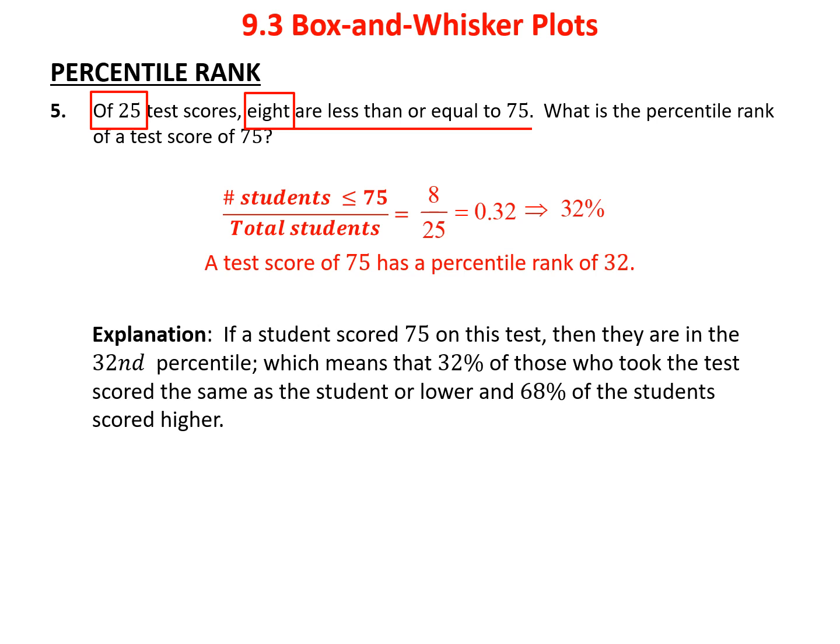So if a student scored 75 on this test, then they are in the 32nd percentile, which means that 32% of those who took the test scored the same as the student or lower, and 68% of the students scored higher. Again, your test score, 75%, that's how you did on the test. But how did you do compared to other students? You're down at 32%, and 68% of your classmates scored better than you.